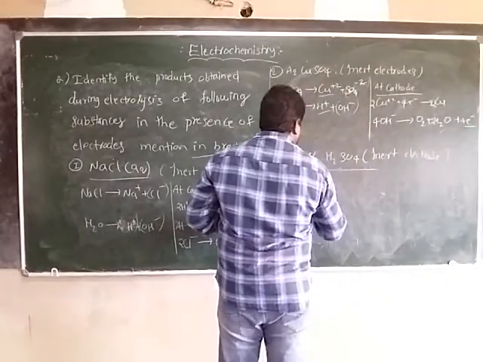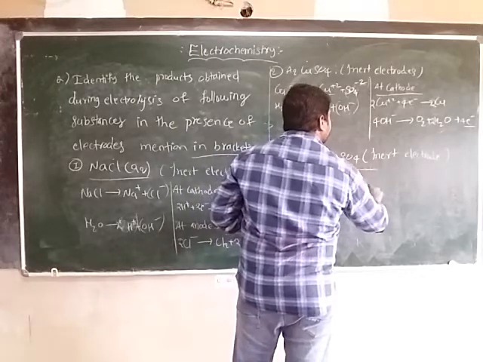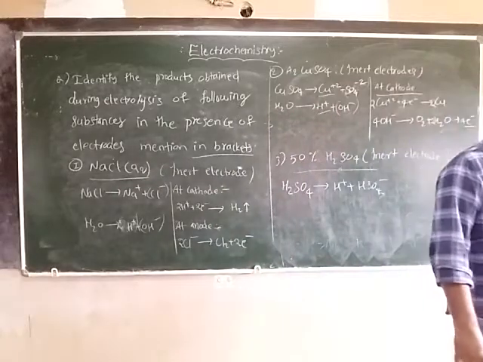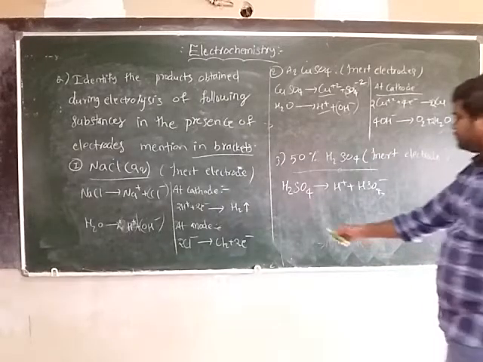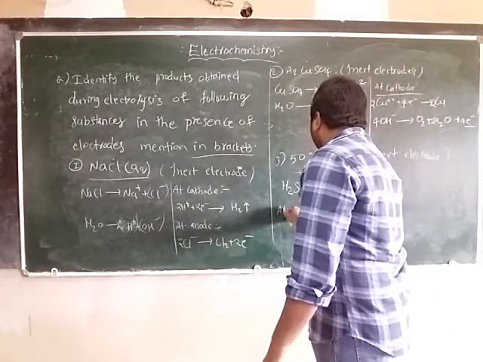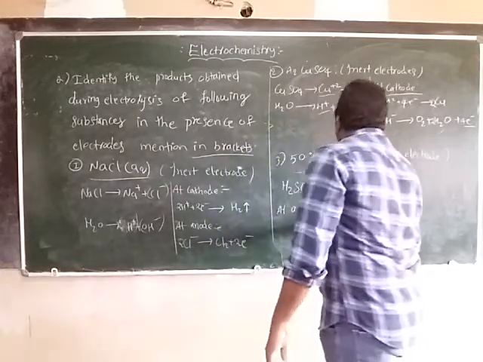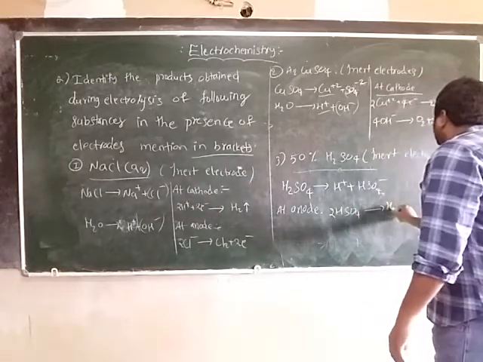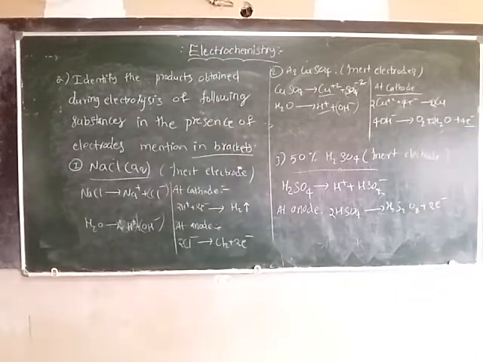Next, 50% H2SO4. Generally H2SO4 undergoes dissociation into H+ and HSO4-. There are cations H+ and anions HSO4- and OH-. Is it clear? At the anode, which is very important, HSO4- turns to H2S2O8 plus 2 electrons.